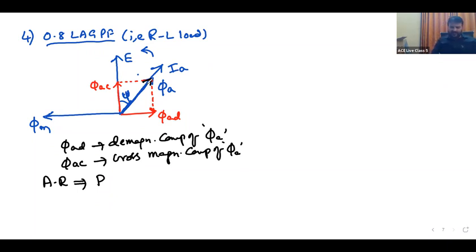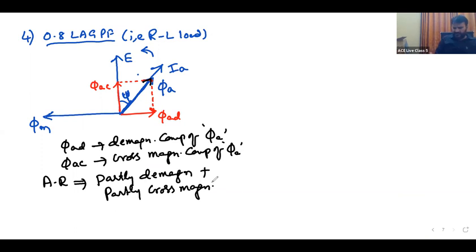Phi AD causes demagnetization, phi AC causes cross magnetization. Therefore, it is partly demagnetization, partly cross magnetization. This is for 0.8 lagging power factor.